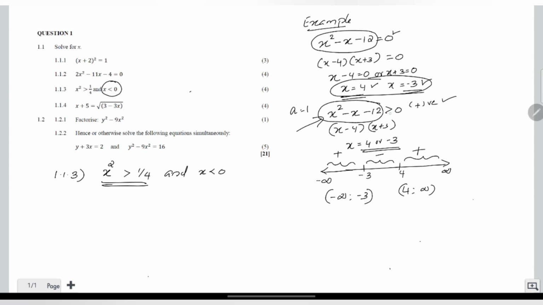If the equal to sign is not there with the inequality, always use open bracket, like here, with inequality alone. If the equal to sign is there, then you have to use closed bracket with those critical values. So these are the solutions. How do you write all the x values starting from minus infinity to minus 3 or 4 to infinity? This is how you have to write the answer.